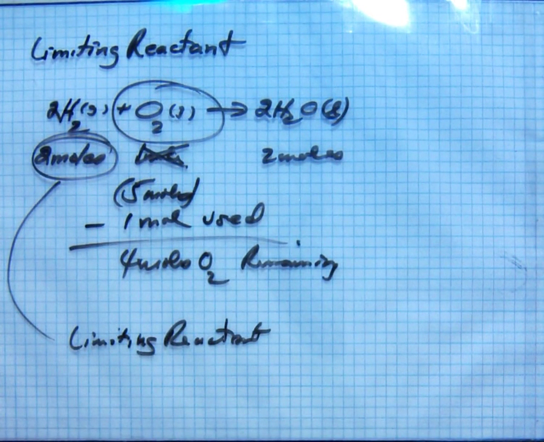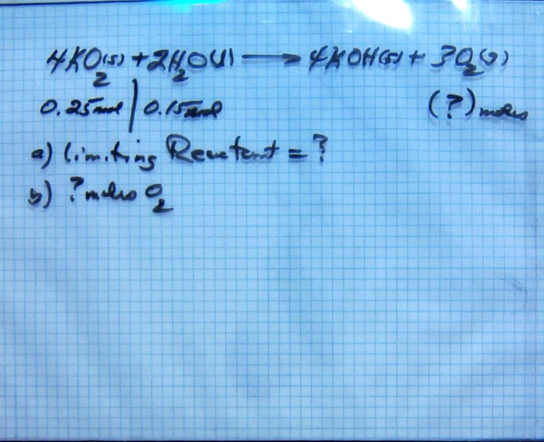Determining from a complex problem what is the limiting reagent is not as complicated as some people think. This is called a rebreather equation, for what it's worth. Notice on the end it's got oxygen, and this jewel on the left end is called potassium superoxide.